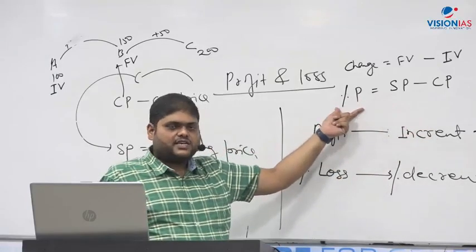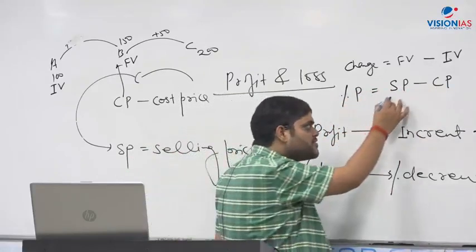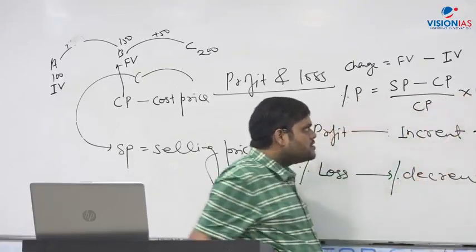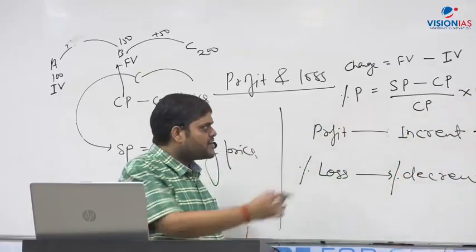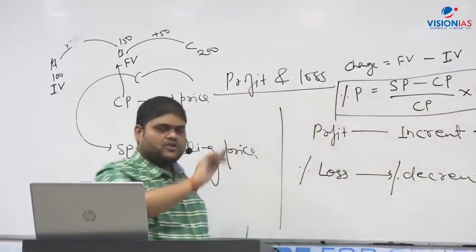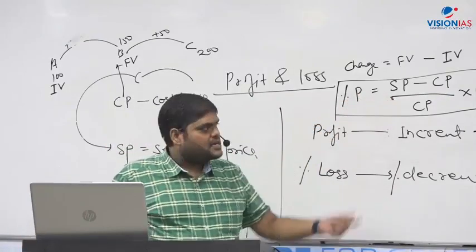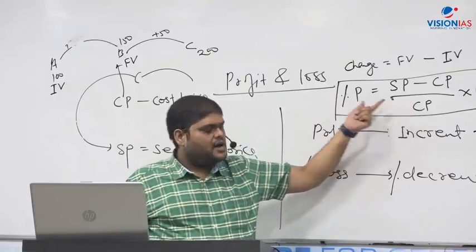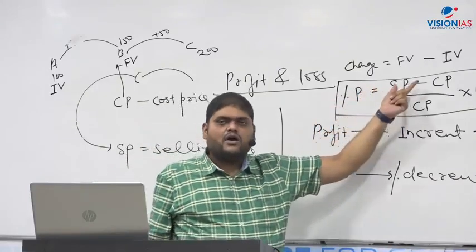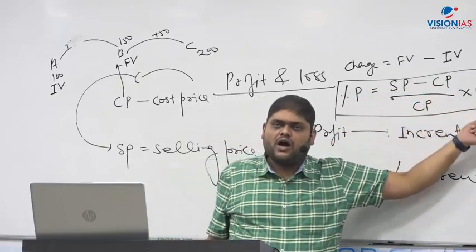Percent of change is equal to (final value minus initial value) divided by initial value, into 100. Tell me, is this a new formula or an old formula? Old formula means we have already done this. Percent of change is equal to (final value minus initial value) divided by initial value, into 100.